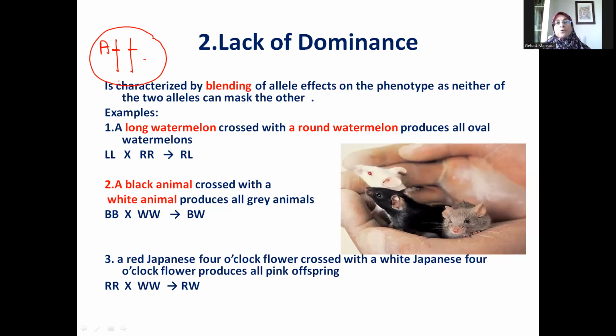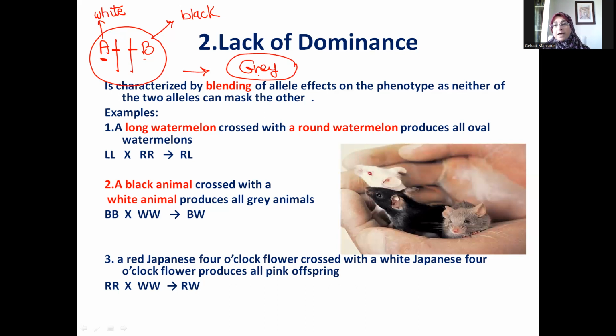For example, if the maternal allele carries the A allele that is responsible for the white color of the mouse fur, and capital B is responsible for black, then at the end of the day, you will find that the mouse will be gray, meaning that the phenotype of this individual, we don't call it a hybrid individual when we are not talking about a Mendelian case.